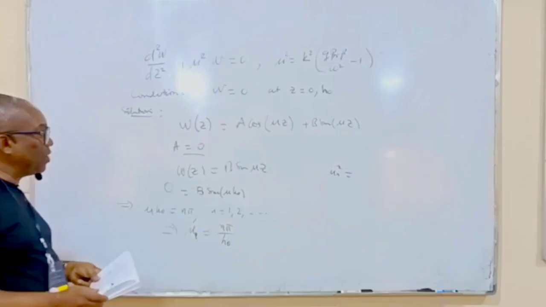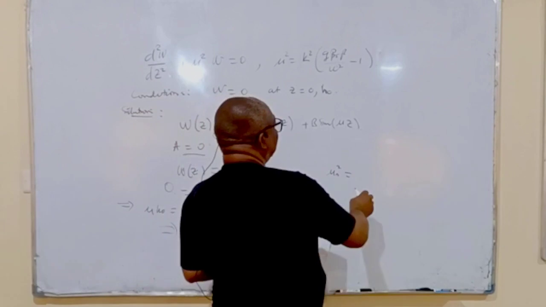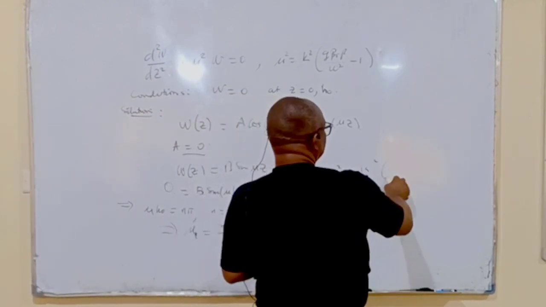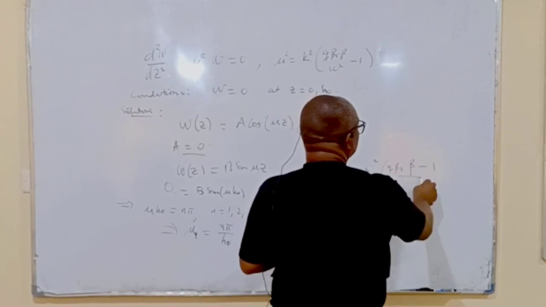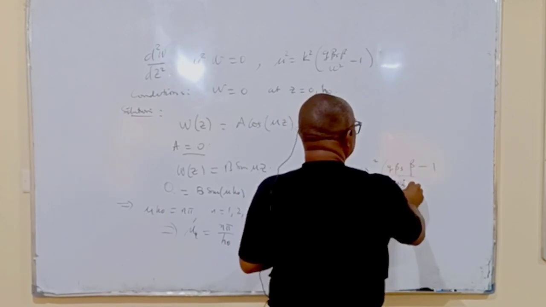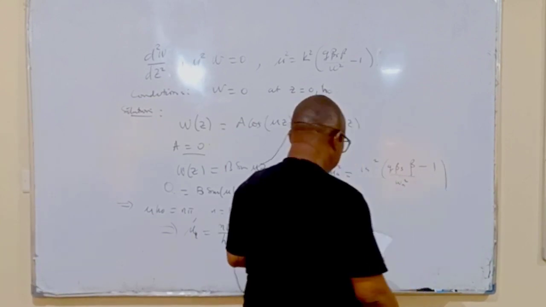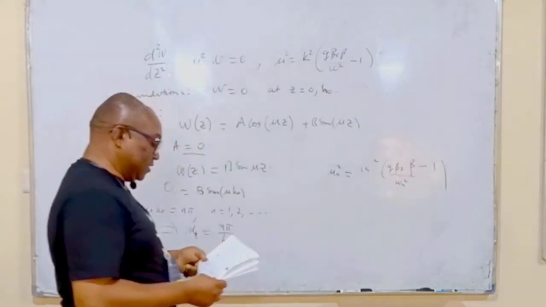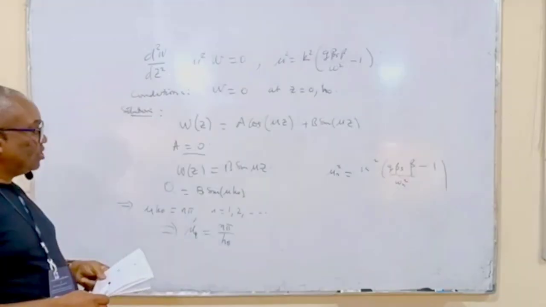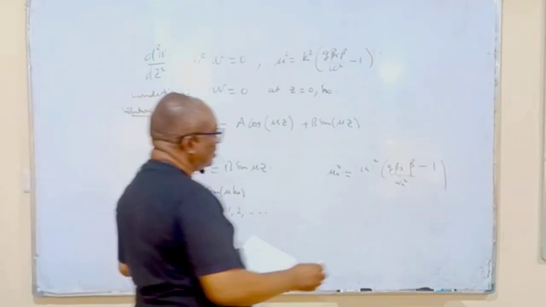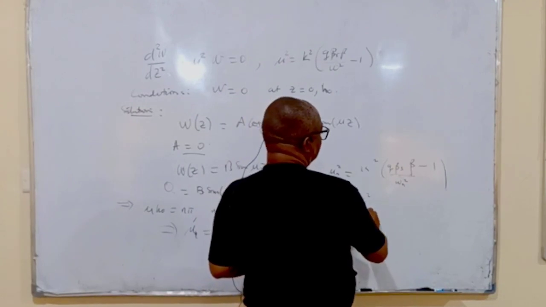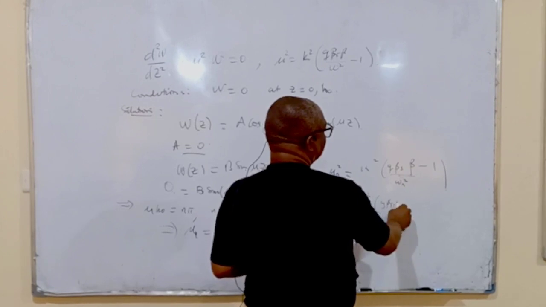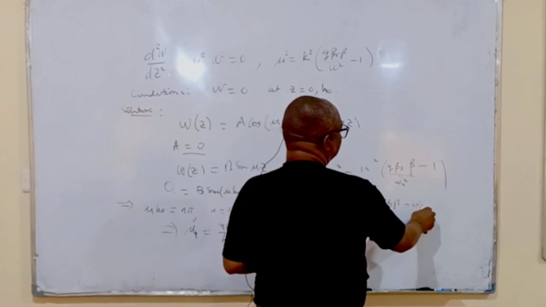This will give you k squared over mu n squared, times g beta s beta, minus mu n squared.